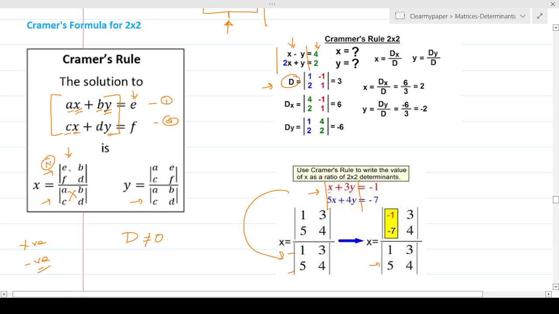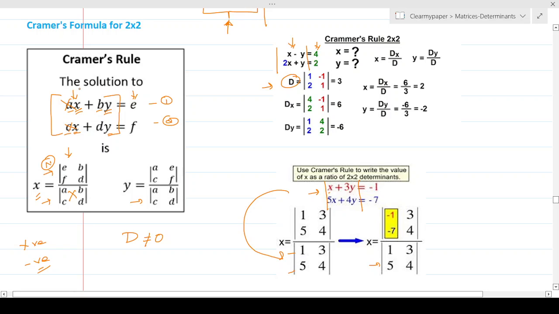What you see here is that the numerator is also a determinant, and what they've done is, since we are finding the value of x, whatever is the coefficient of x in both the equations, in this case a and c, that's been replaced by the constants on the right hand side, whatever the constants on the right hand side are, e and f.